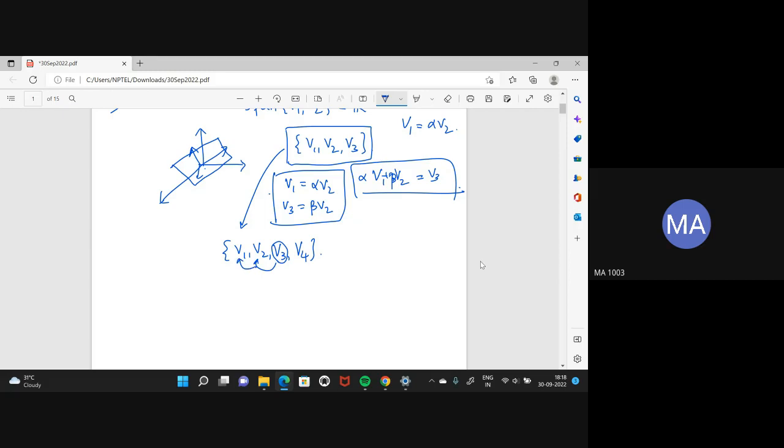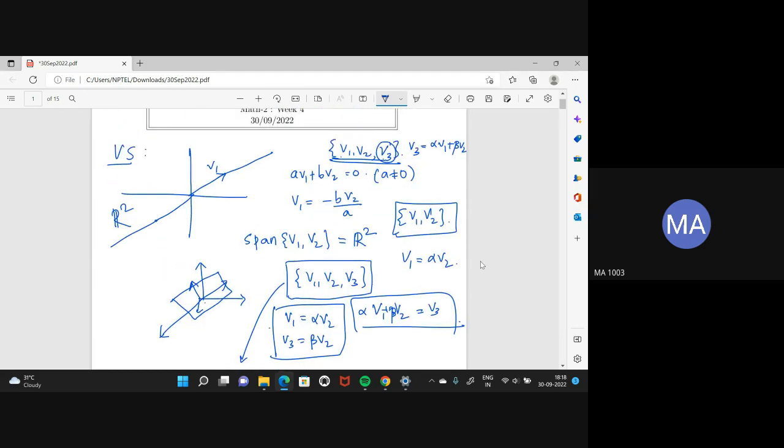That is why a superset of a linearly dependent set is dependent. It doesn't matter whether v4 lies in the same plane or not. v4 can be independent. We just want one of the elements in the set to be a linear combination of some other elements, and that is anyway happening by v3.